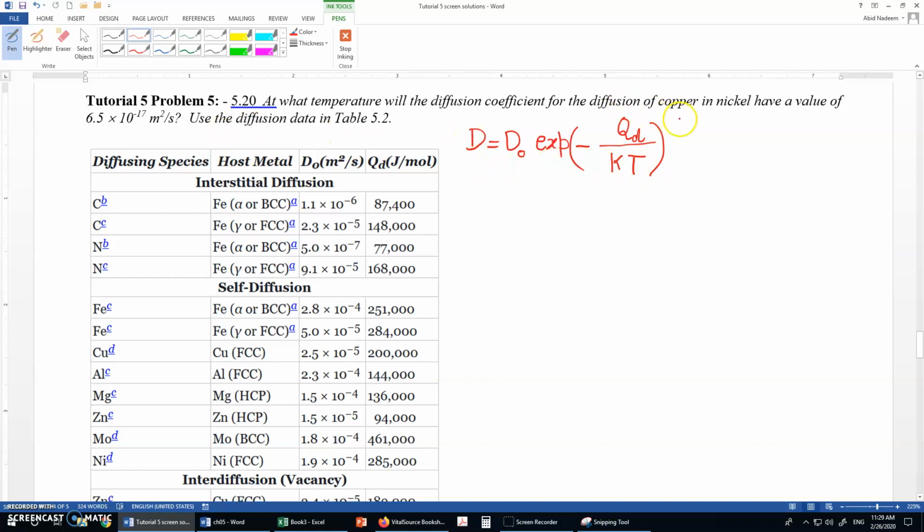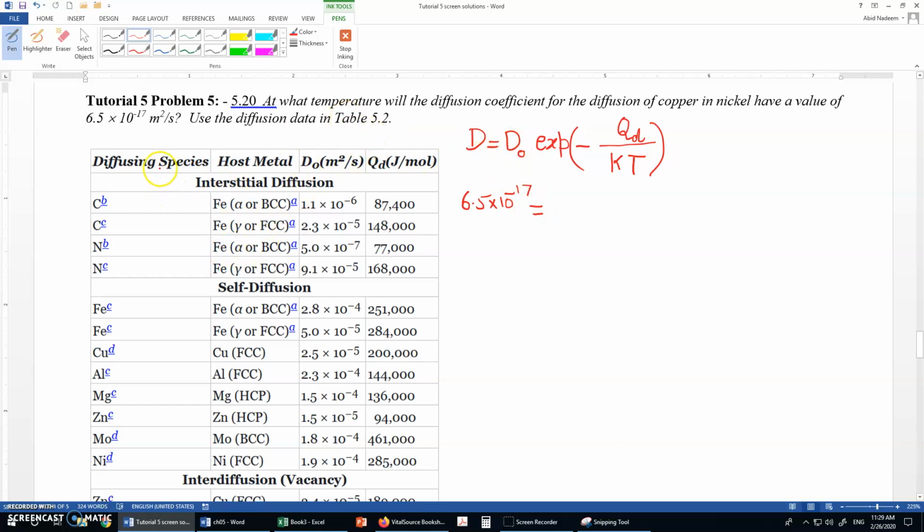The diffusion coefficient value has been given as 6.5 × 10^-17, and the diffusion pre-exponent value we can find from this table.